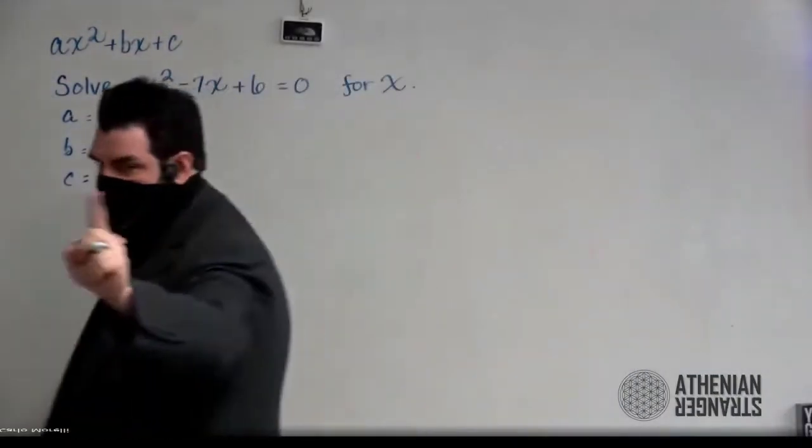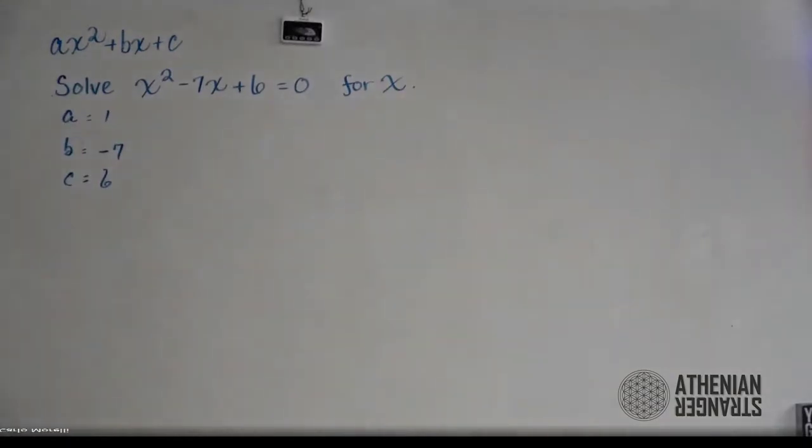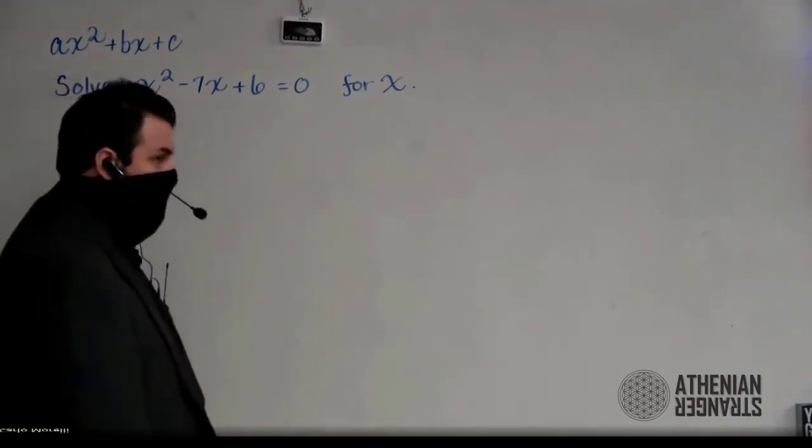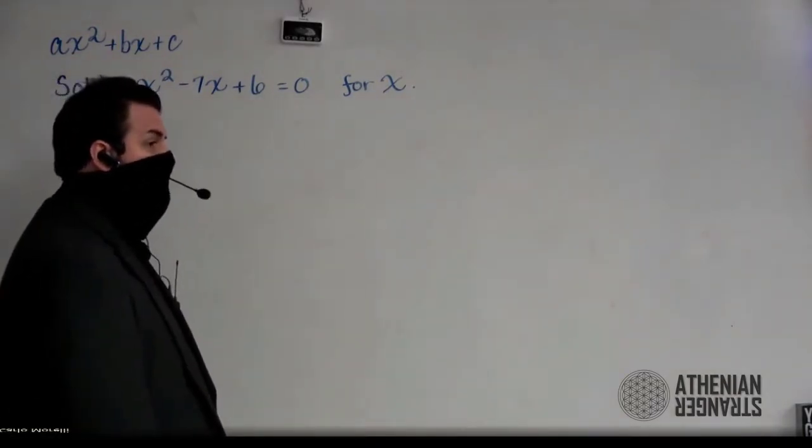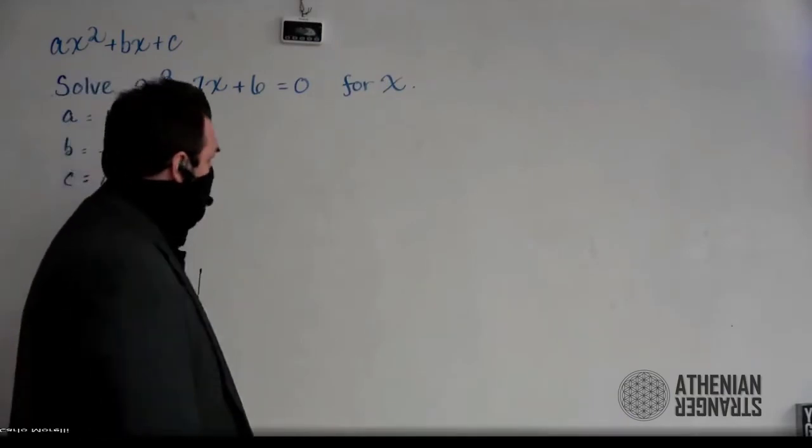There's no common factors other than 1. So these are called co-prime, relatively prime to one another because they have no common factors. The greatest common divisor of 1, negative 7, and positive 6 is positive 1. Therefore, we don't have to do that step.